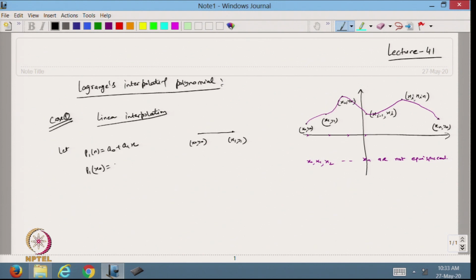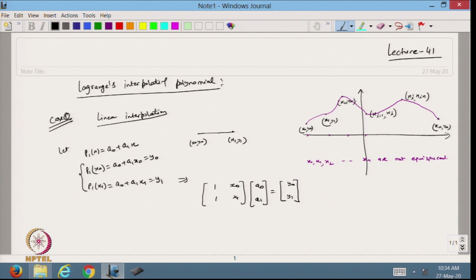So p1(x0) is a0 plus a1 x0, which should equal y0, and p1(x1) is a0 plus a1 x1, which should equal y1. These 2 equations can be written in matrix form: the matrix with rows 1 x0 and 1 x1, times a0 and a1, equals y0 and y1.